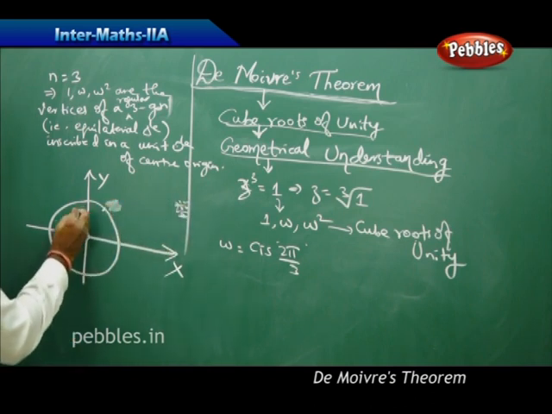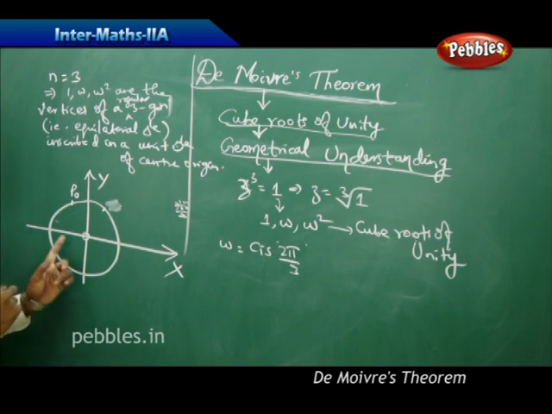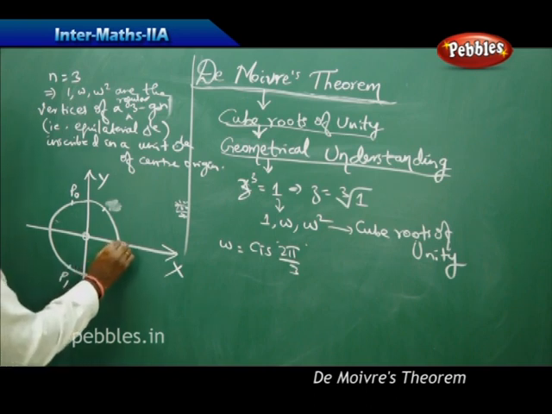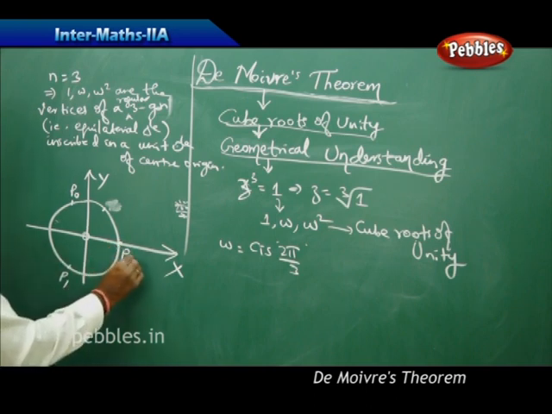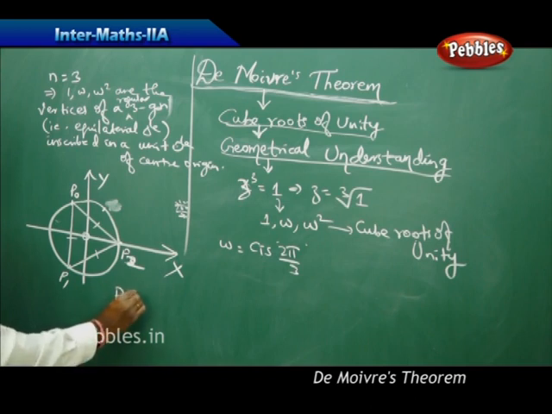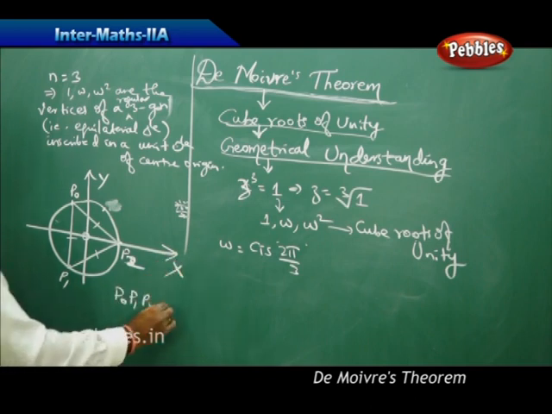First it comes with 120 as P0, and then 240, which comes as P1, and then 360, which comes as P2, are joined, which form an equilateral triangle P0, P1, P2.